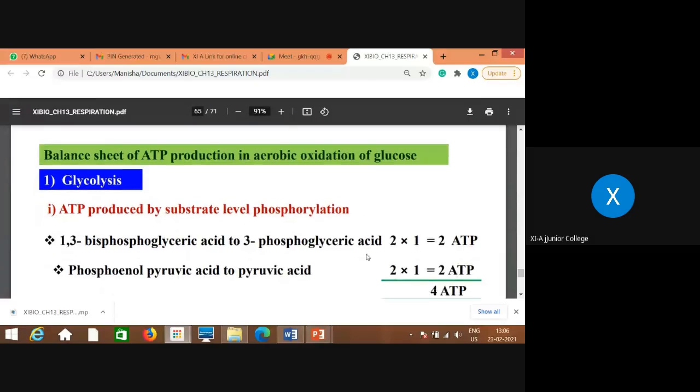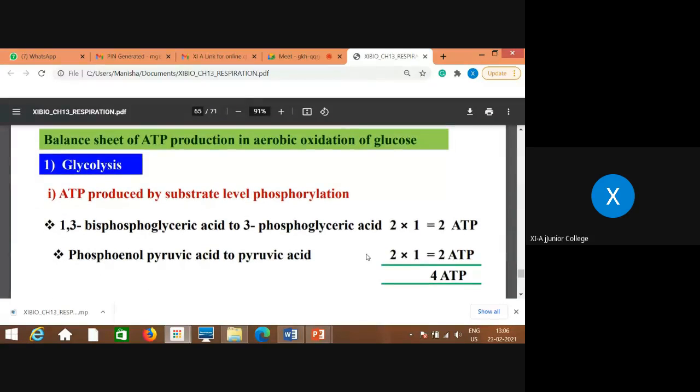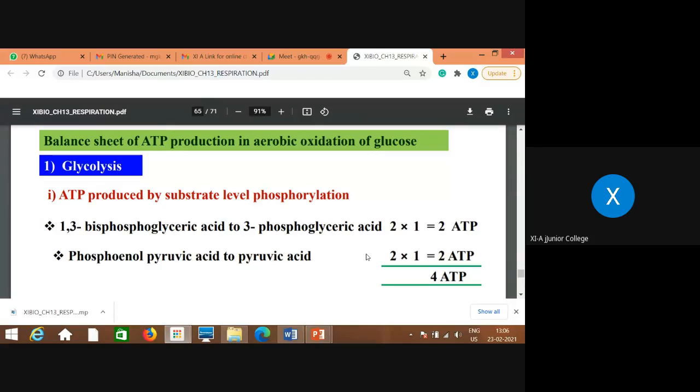Now how this balance sheet works, open your glycolysis page, whatever page is there, and you will be answering me. Okay, unmute yourself when I ask you. First thing, glycolysis. Keep that glycolysis page open. I will ask you: ATP produced by substrate level phosphorylation.